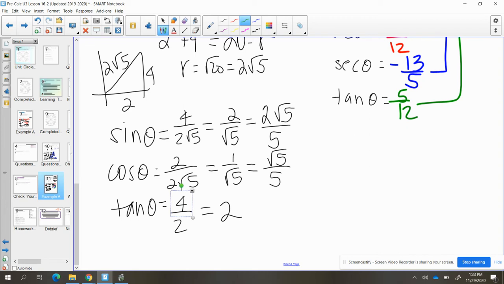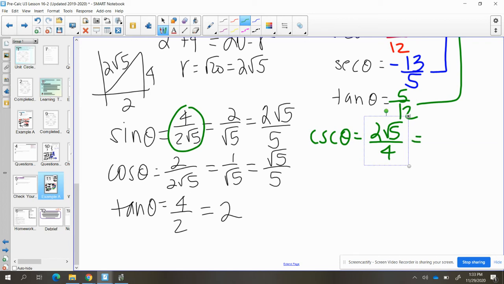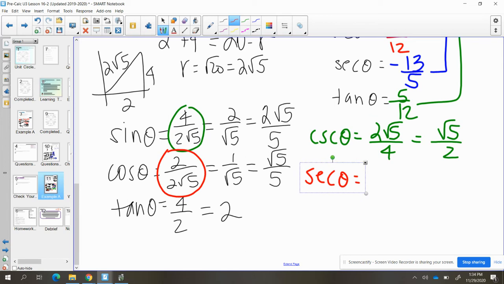So for our secant, cosecant, and cotangent, I actually would recommend you go back to the beginning and look at these when you flip, because for the cosecant of theta now, we're going to flip-flop the sine, and when we reduce, we end up with the square root of 5 over 2. For the secant, we're going to look at the cosine, which was really 1 over square root of 5 is what it reduced to be.